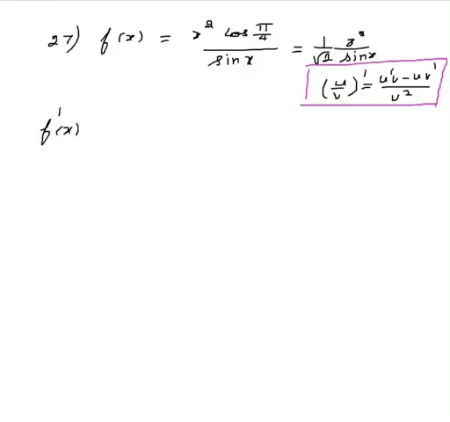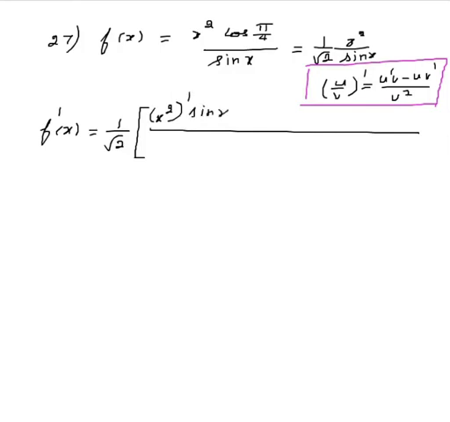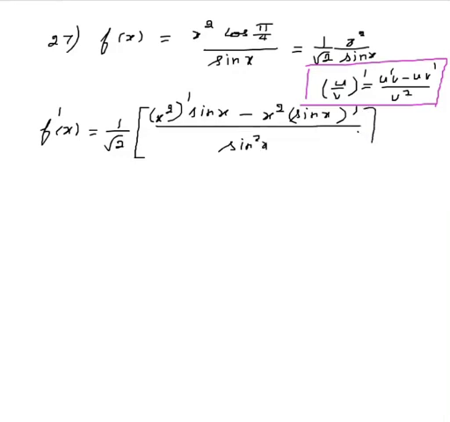f dash of x is equal to 1 by root 2 is a constant. Keep the constant and differentiate the function using quotient rule. Derivative of x square times sin x minus x square times derivative of sin x divided by sin square x.